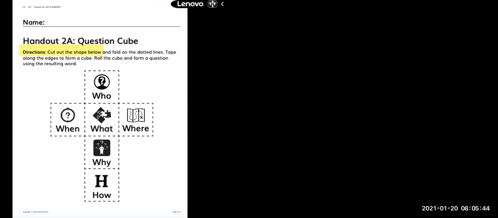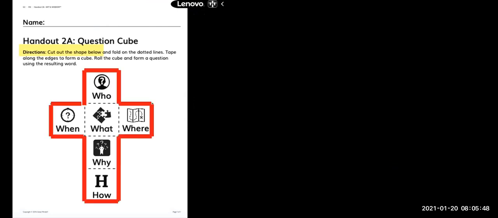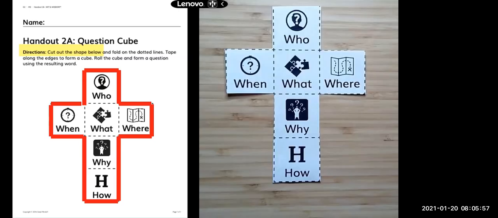The first thing that I'd like you to do is cut out the shape below. I've outlined the edge of the shape in red. Be sure to just cut on the outside of the shape. It looks like a lowercase t when you're finished. Pause here to cut out the shape and just hit play when you're ready to continue with the directions.